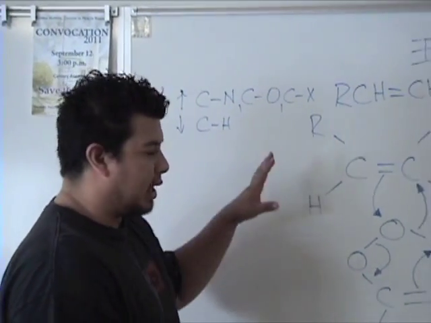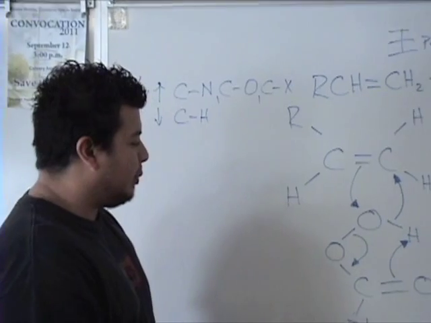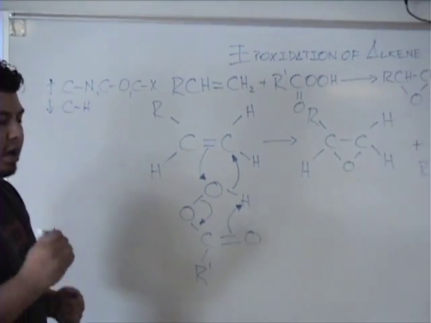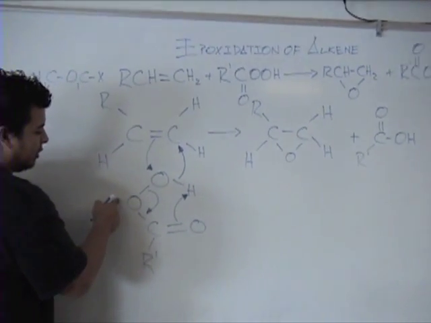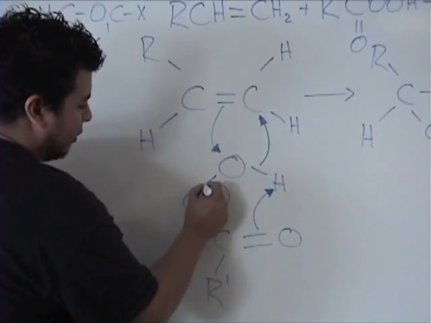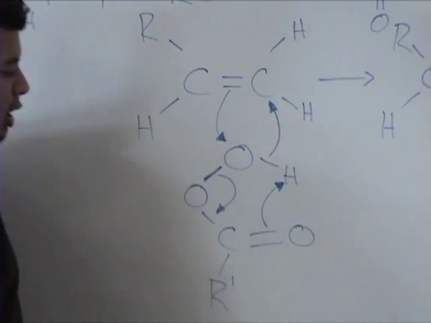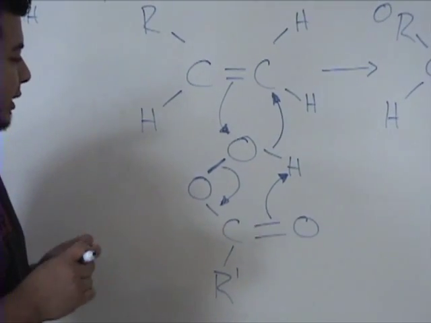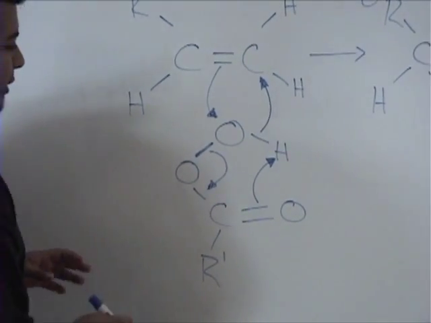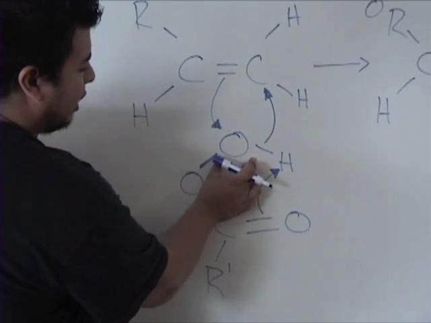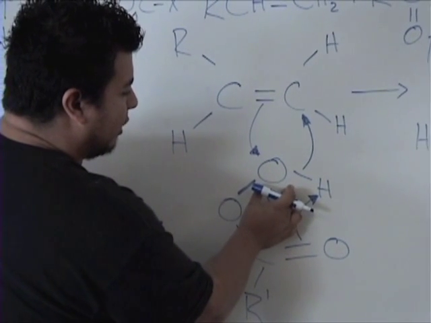Now, like I said, it's all one step, and our main focus is that the bond between the oxygen and the oxygen, this bond right here, is a weak bond. So this oxygen right here serves as both a nucleophile and an electrophile.